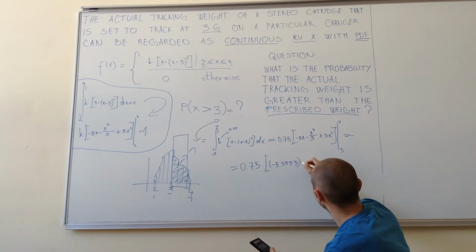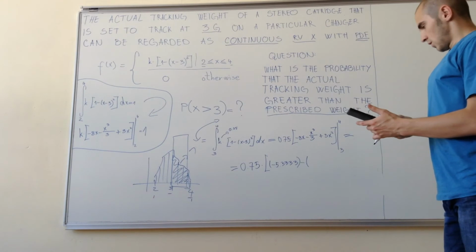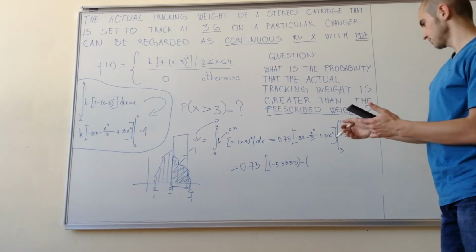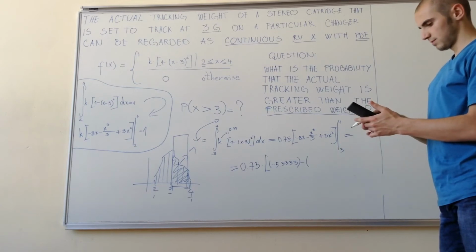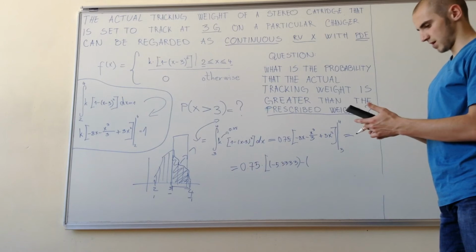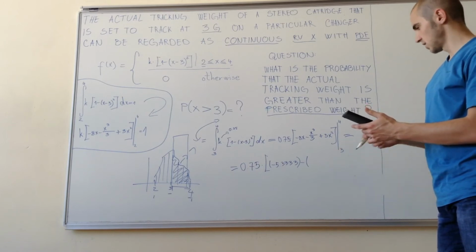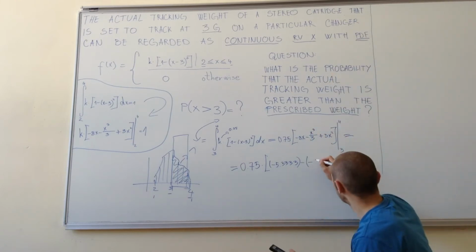5.3333 minus, and now for the 3, the same thing, which will be minus 8 times 3 minus 3 cubed divided by 3 plus 3 times 3 squared, which is exactly minus 6.